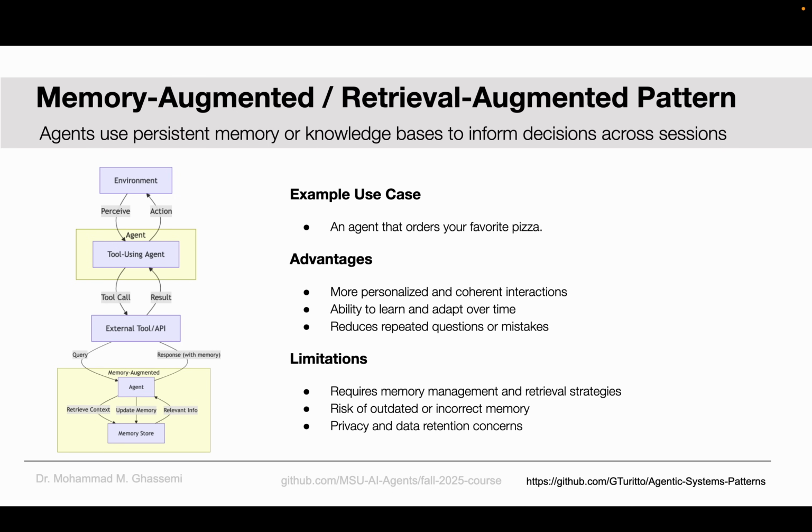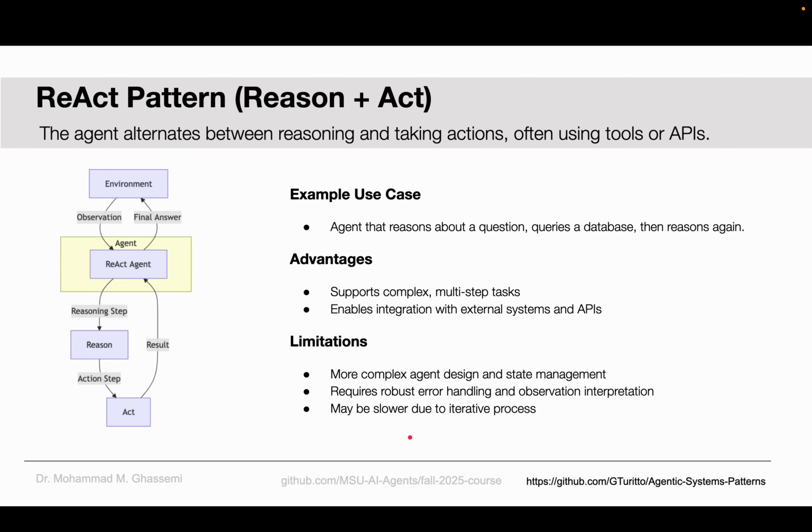Like if you have a database of contents, you want to pull from that database to surface the most relevant information to the agent. How do you do that? That's content we're going to be covering later in the semester. But suffice it to say, you have to handle this when you're doing a retrieval augmented pattern. And what comes with that is the risk of pulling the wrong information, pulling outdated information, or again, surfacing information to this external tool, in the case of the pizza ordering agent, that places you at a security risk. Maybe you give a social security number instead of a credit card, as an example.